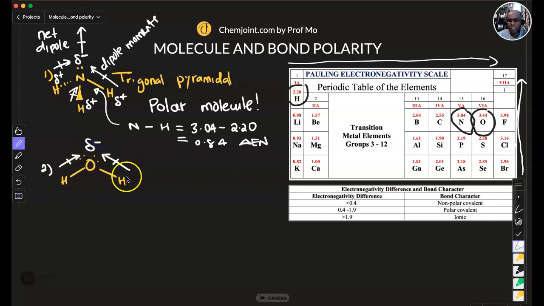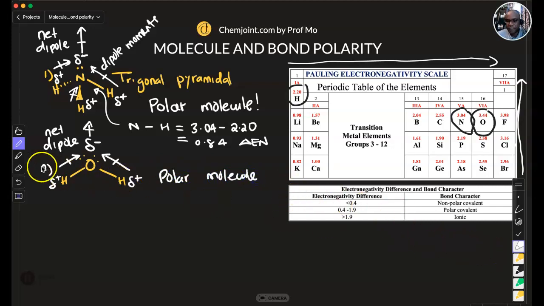So oxygen will be partially negative because the electrons are negatively charged, and if the electrons are farther away from hydrogen, hydrogen will be partially positive. So we say that the OH bond is polarized. And since they are contributing, we do have a net dipole right above the oxygen. And so we can already say that water is indeed a polar molecule.